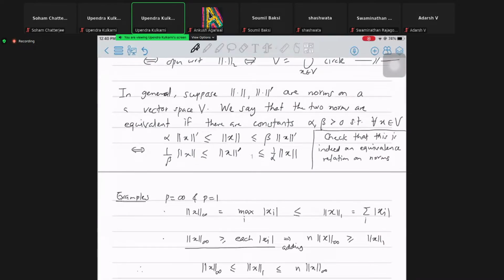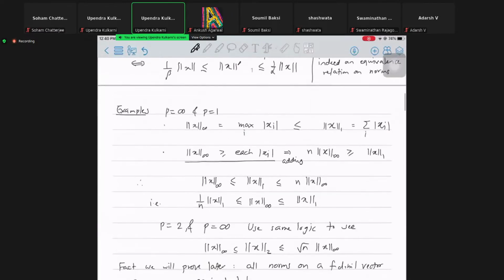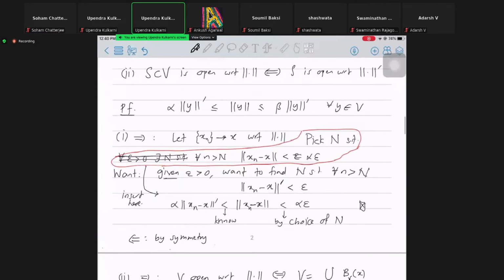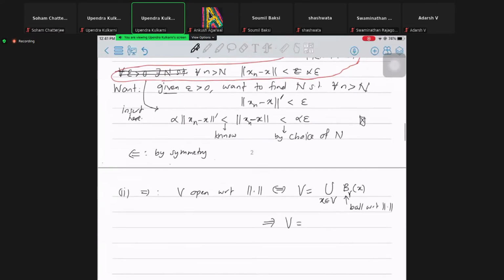Okay, I did not write it down. But okay, so let's see this. Keep the pictures in mind. So what have I done? V is open with respect to the unprimed norm. And that means that I get to write it as a union of balls centered at each one of the points inside that set. What is the natural thing to do?